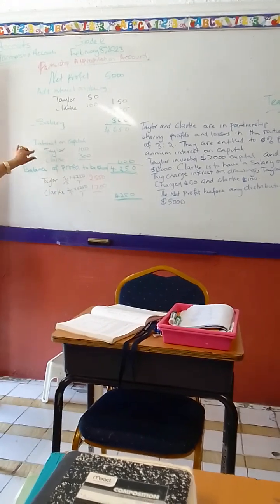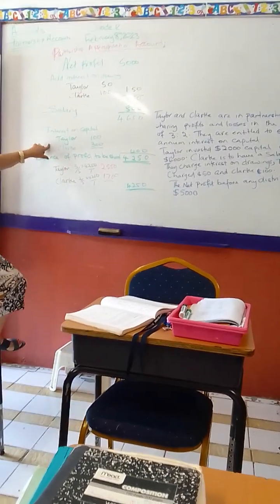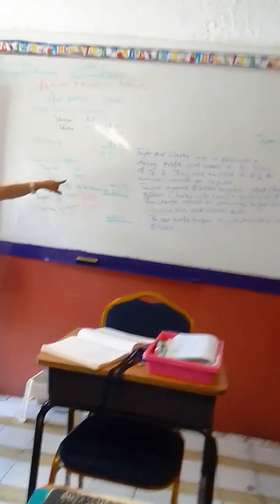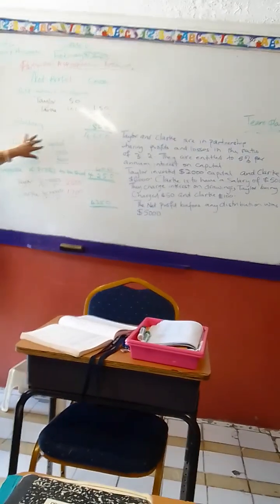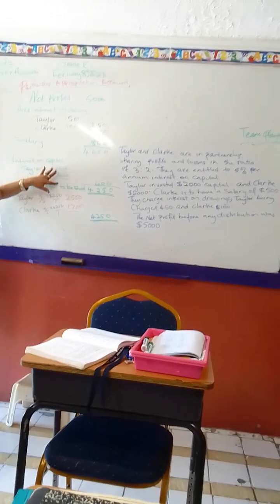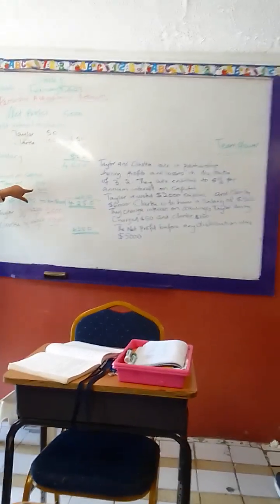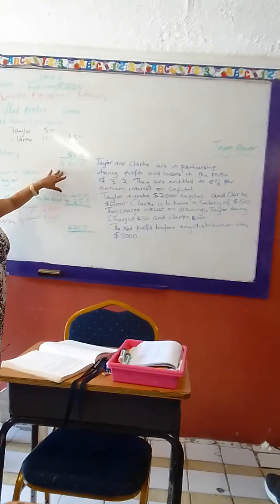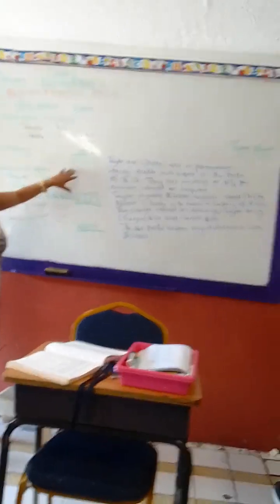And then minus interest on capital. Taylor got 100 and Clark got 300. I'm adding 100 plus 300. That's 400, and I'm going to subtract that 400 from my 4,600.